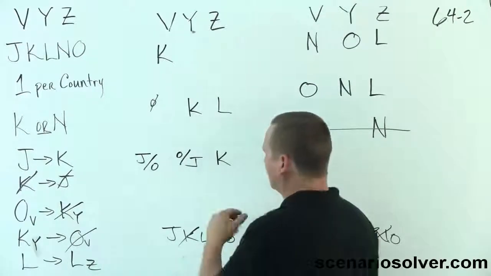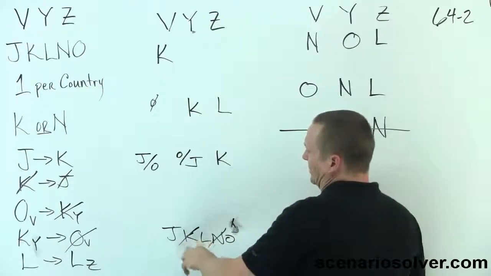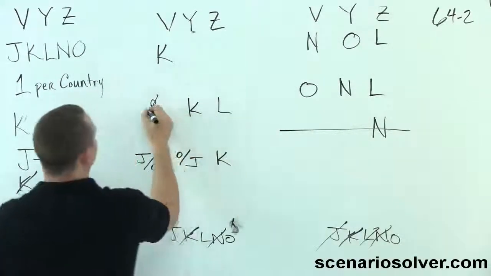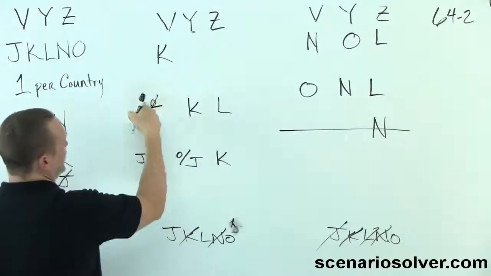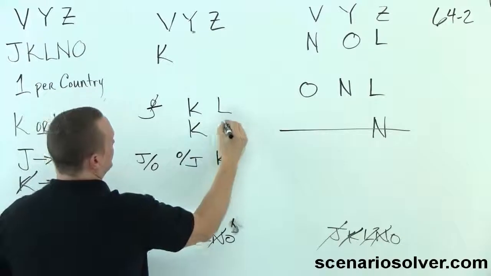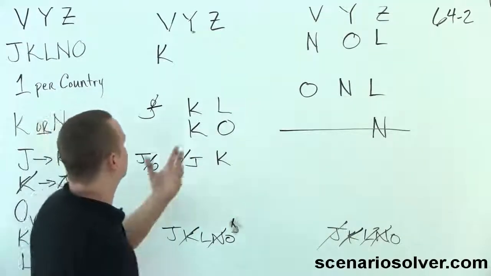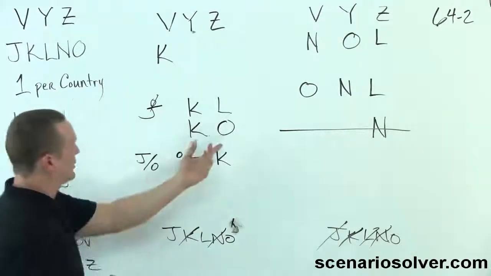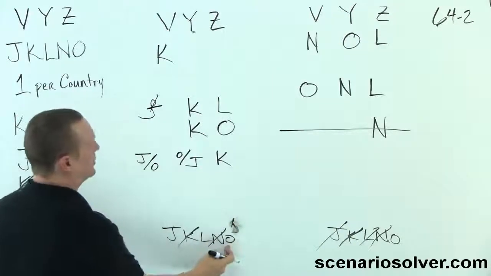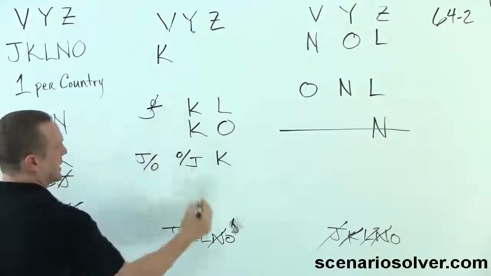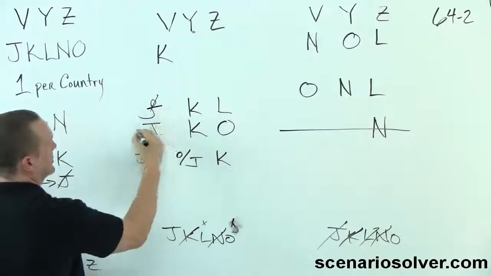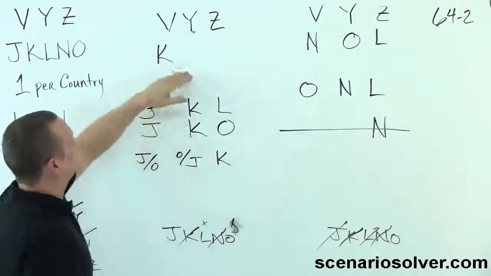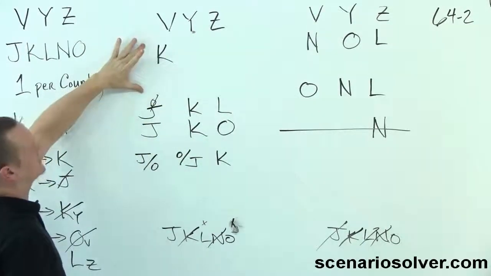That leaves us with J. Okay, but there's one other thing. O can't occur here, but what happens if we place O here? Okay, there's nothing against that. If we do place O there, we've used O up, and we know that L cannot occur, so we end up with this.